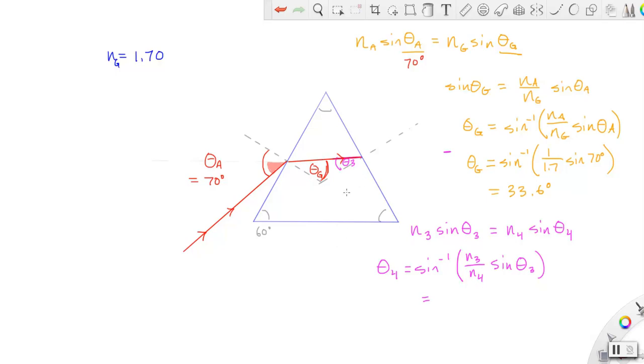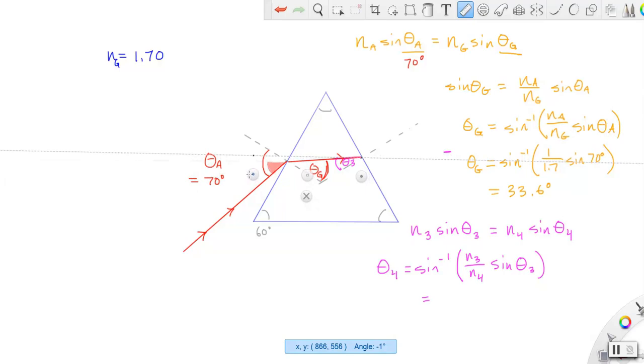Well, this is the hard part. So let's take stock of everything that we have here. We know that this one was at 33.6 degrees with respect to the horizontal, and we know that the normal is at 30 degrees with respect to the horizontal.